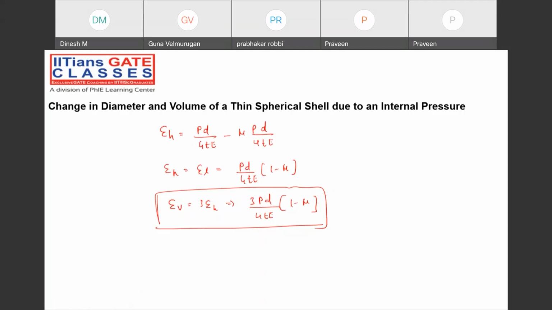Mu is nothing but the Poisson ratio. Done. Once it is done, let me know.